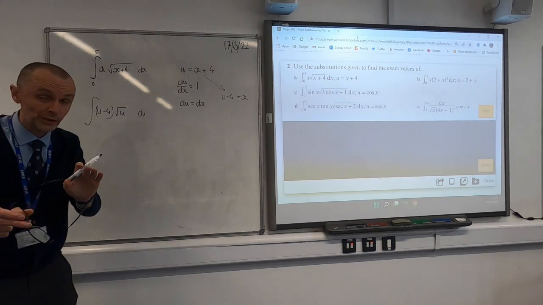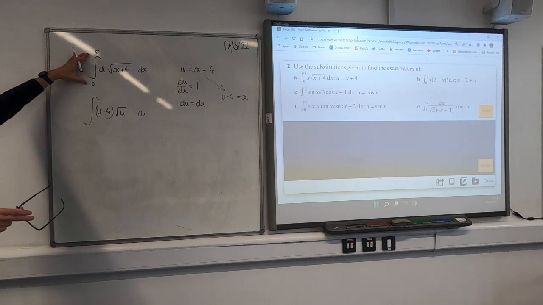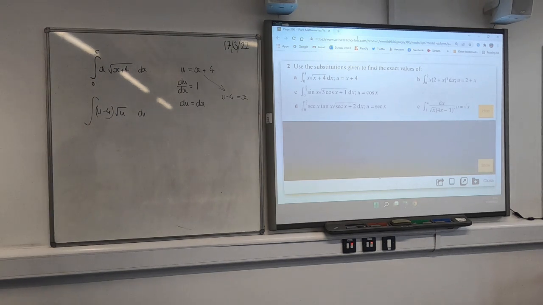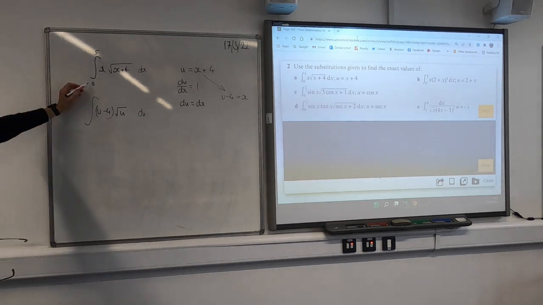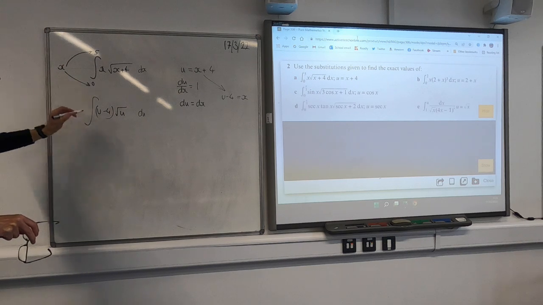But what I can also do at this point is change these x values into u values. So I move everything into the world of u, and that means at the end I don't need to go back into the world of x. I can do the substitution using u values. So x is 0. Let's remember these are x values.